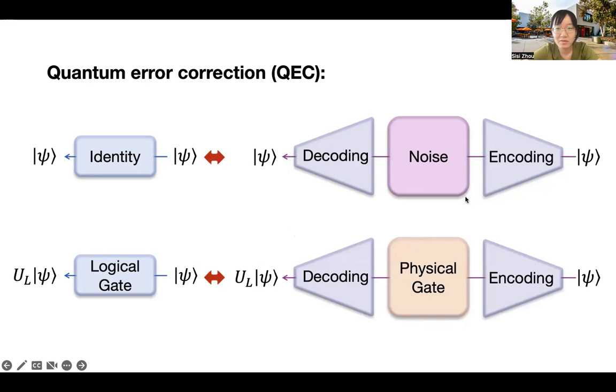We can see from these two diagrams that if we want to perform a non-trivial logical gate operation on psi, then the structure of noise and the structure of the physical gate must be fundamentally different from each other.